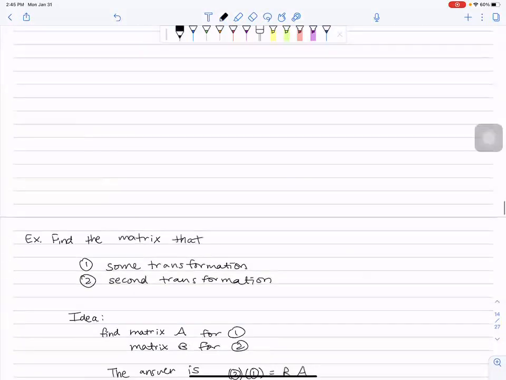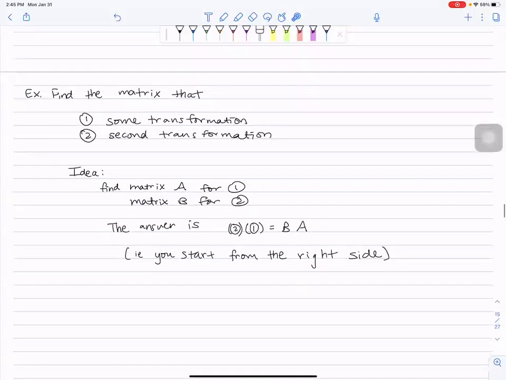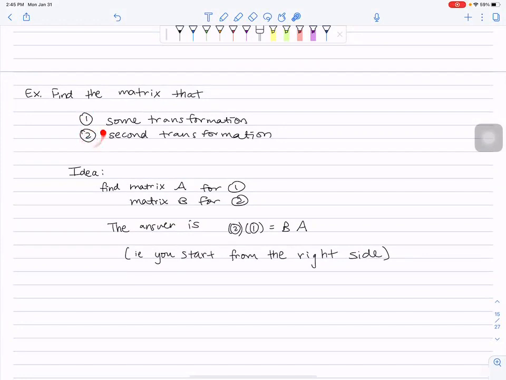Okay, and one last thing about transformations is that if you're asked to find a transformation and they give you, like, find the matrix that rescales by 2, rotates by 30 degrees, etc. How you do it is you first find the matrix for the first transformation, find the matrix for the second transformation, but when you're multiplying, make sure you start on the right side and go down.